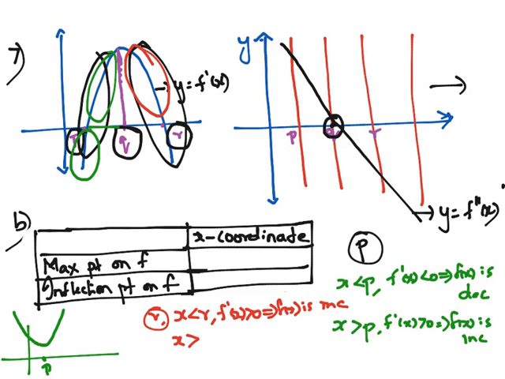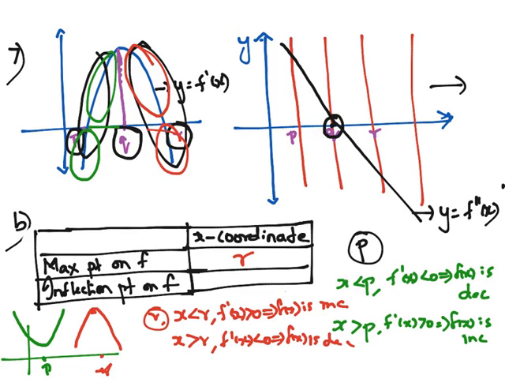When x is more than r, f dash of x is negative. That means f of x is decreasing. It means if r is here, before r the function is increasing, and after r the function is decreasing. So definitely the answer is r. For the maximum point on f, you would write only the x coordinate. So the answer is r.